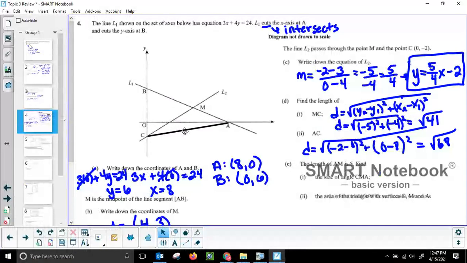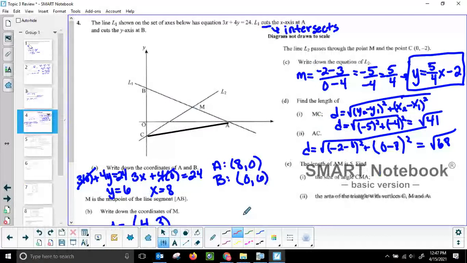Nope. Oh, well, let's just do that. Okay, so close enough, right? So now we know that the length of AM, they tell us that this is 5, and we just found CA, or AC, which is the square root of 68, and we found MC, which is the square root of 41.